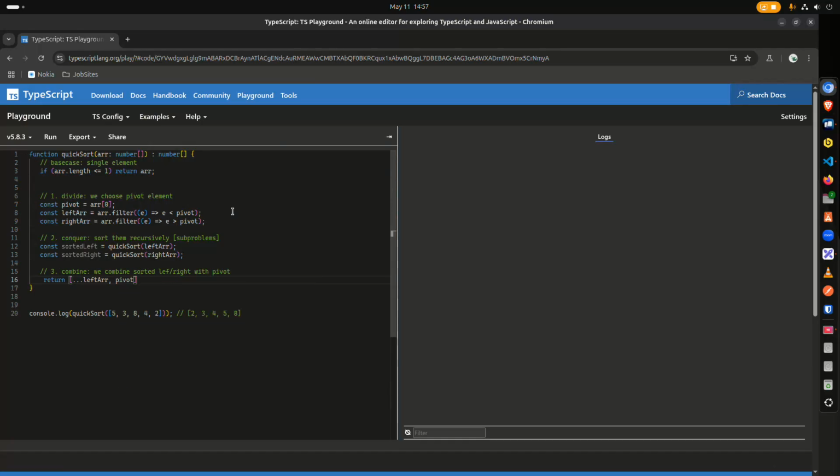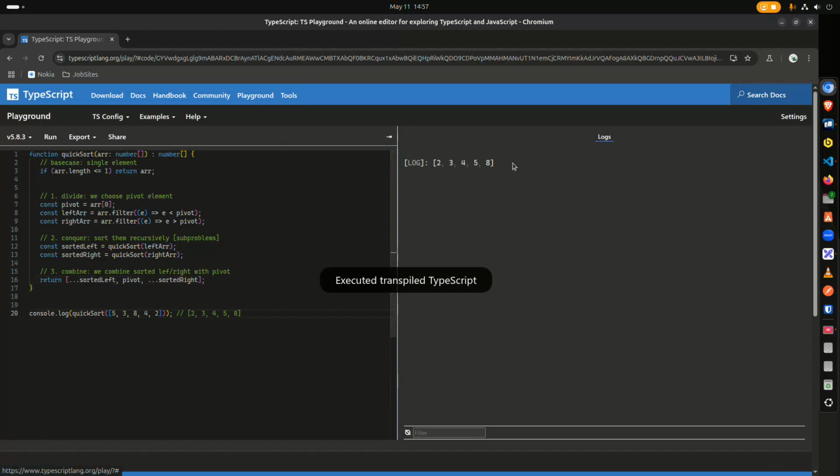This is a single element, so you can write it like this, and then we spread our sorted right array, and this should be sorted left. Okay, so this should work. So now our array is sorted. We initially had 5 3 8 4 2. Now it's sorted in proper order.